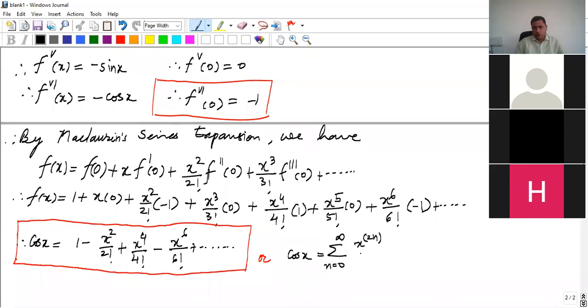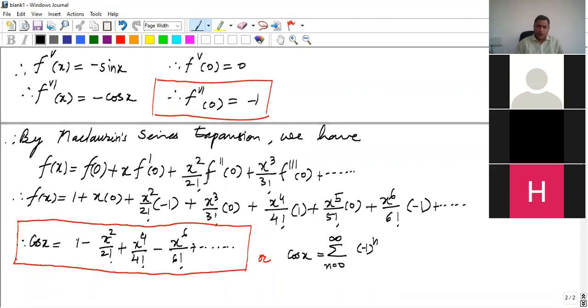So x raised to 2n. And here we need to understand n running from 0 to infinity. And here we'll be having minus 1 raised to n.